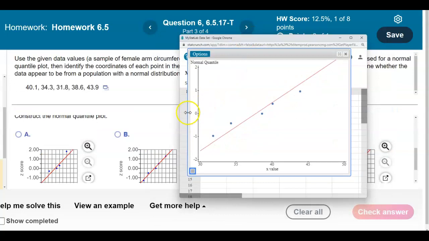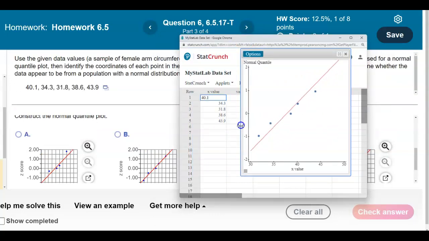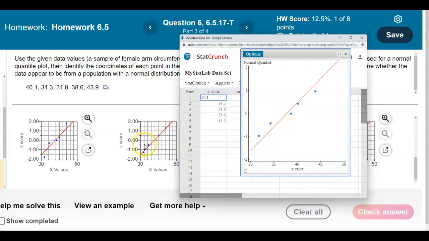When we take a look at this graph, what's important here is to look at the general pattern of the points. We're not looking at the red line, because the red line is not going to match exactly what we're looking at. We want to look at the general behavior of these points. If we take a look at the first one, you can see that these points don't have the same behavior as these points.